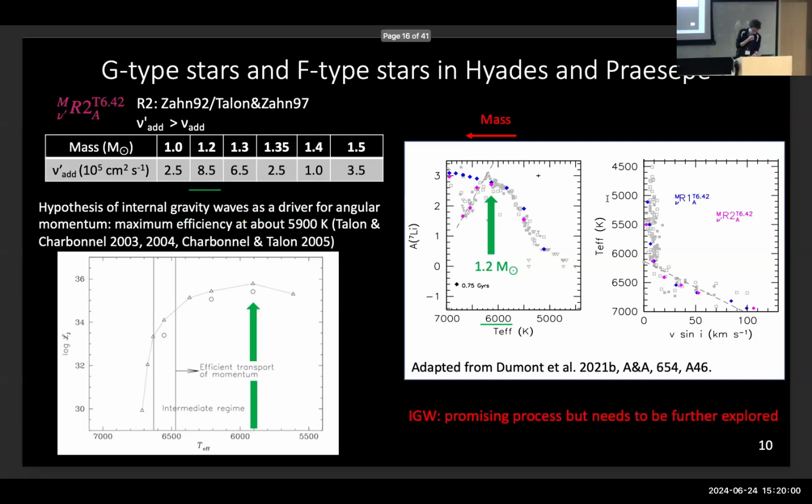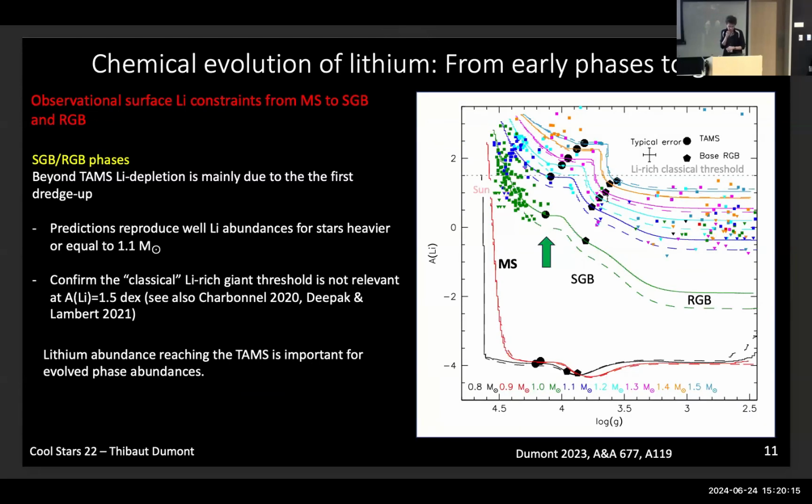So that means that internal gravity waves could be a promising interpretation of this transport. But of course, as for magnetic fields, it still has to be looked at and further explored.